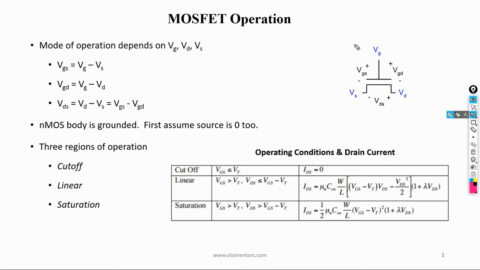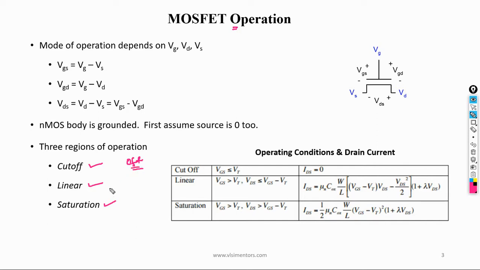So MOSFET operations. There are basically three modes. One is cutoff, the next is linear, and then there is saturation. When I say cutoff, the transistor is said to be in the off condition, so the transistor is not operating.